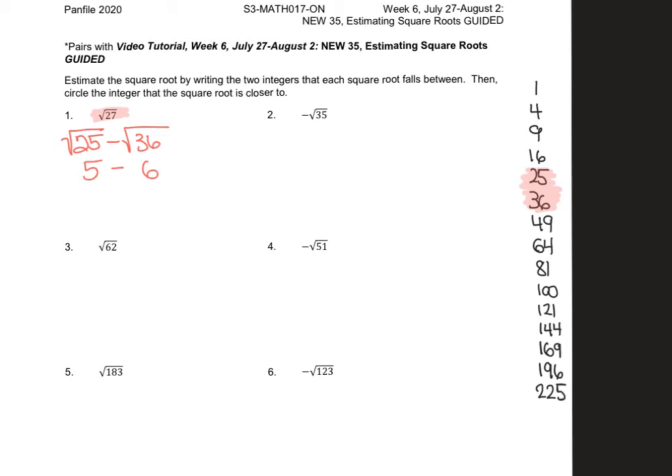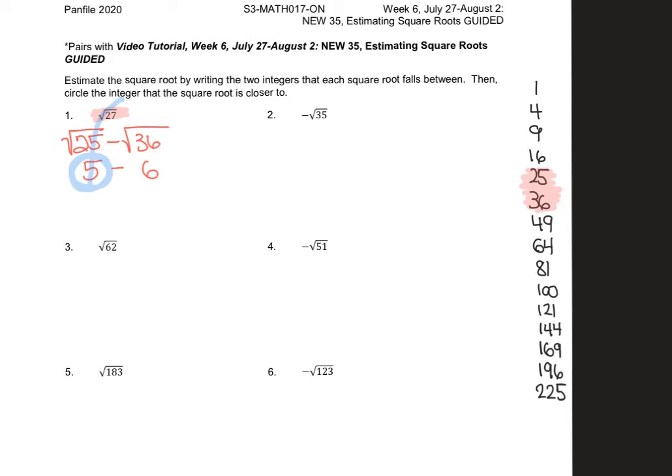Now, 27 is closer to which number, 25 or 36? Sometimes it's going to be so close you can't really tell. But this one you can. It's closer to this whole side, right? Because 27 is much closer to 25 than it is to 36. So it's going to be closer to 5.